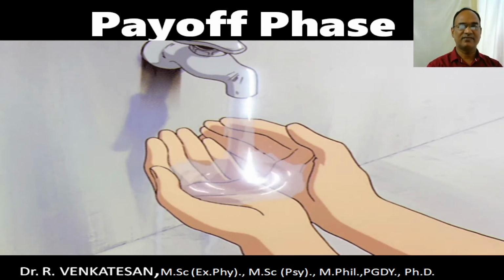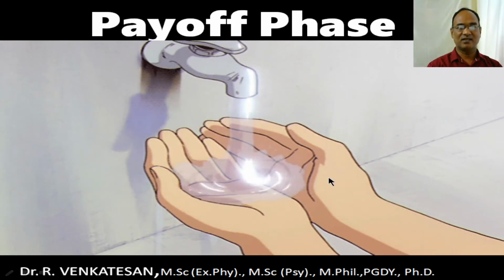In the payoff phase, you get energy sources for your working muscle. This glycolytic process is carried out within the cell cytosol, outside the mitochondrial reaction.